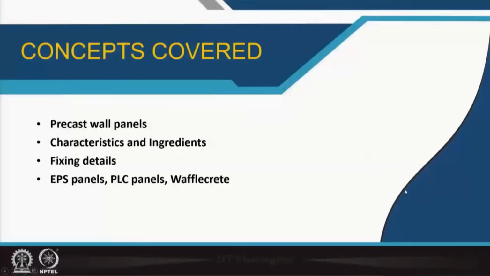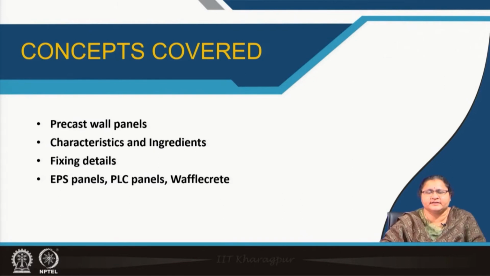Here we will be discussing the precast wall panels, the characteristics and ingredients, the fixing details, and also the other kind of panels, the EPS, that is expanded polystyrene panels, the large panels, large concrete panels, and then wafflecrete, which are being used.